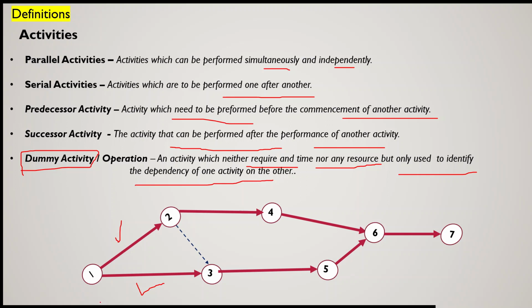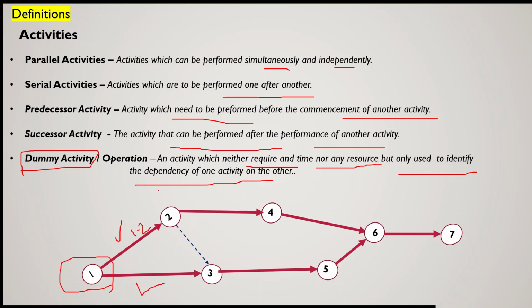These two activities start simultaneously from the same time, but they proceed independently. Their durations may be independent. We will call this the 1-2 activity and this the 1-3 activity. So the duration of the 1-2 activity may differ from the duration of the 1-3 activity, but they run parallel to each other and start from the same time.